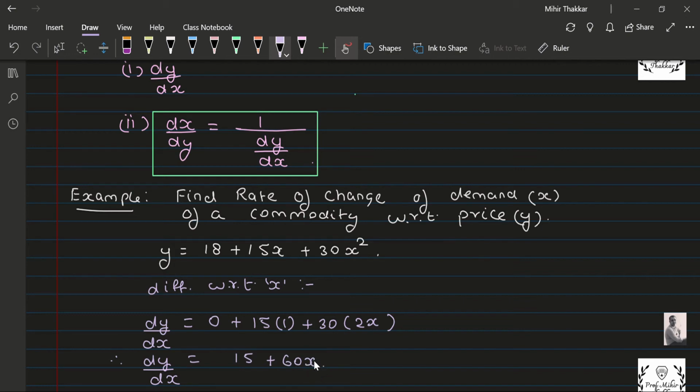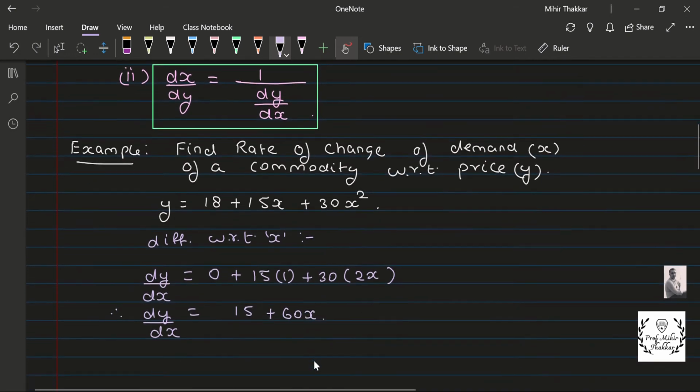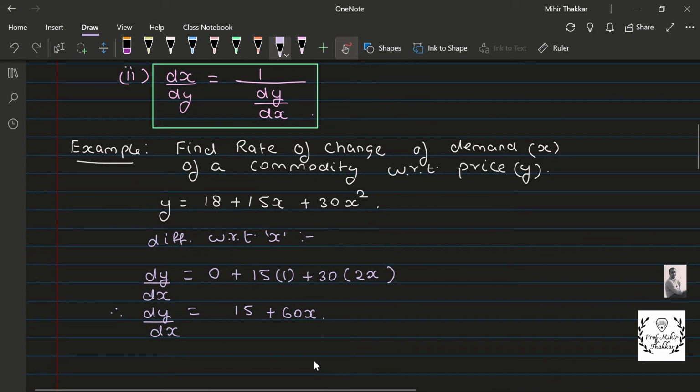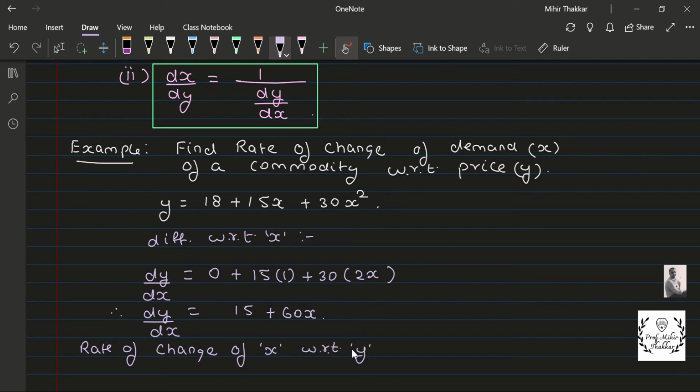60x. Now we are interested in the value of the rate of change of x with respect to y. It means we have to find the value of dx by dy. So I will say rate of change of x with respect to y is equal to dx by dy, which is the reciprocal of dy by dx.